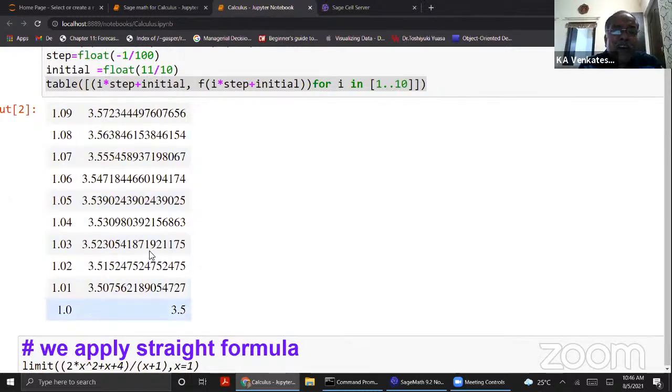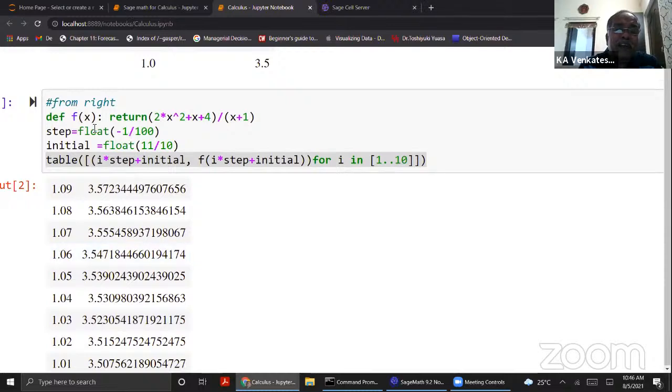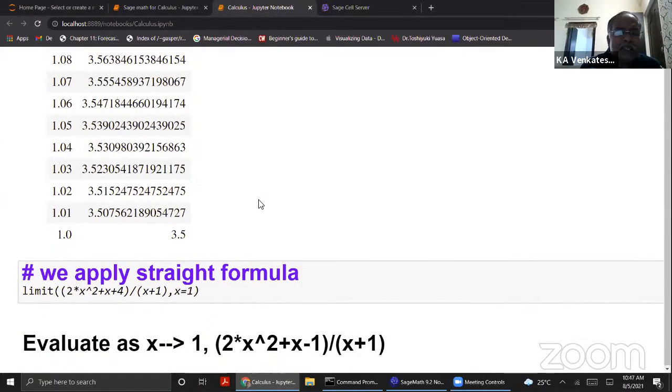Accordingly, you define your step size and initial value. This comes by practice. Once you understand what we are doing in general, you convert it to a programming way, and the table gives these values on computation. So we obviously got 3.5 as the answer.